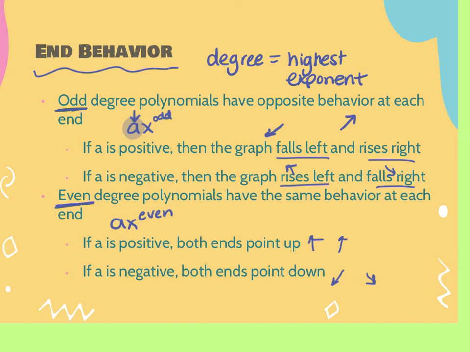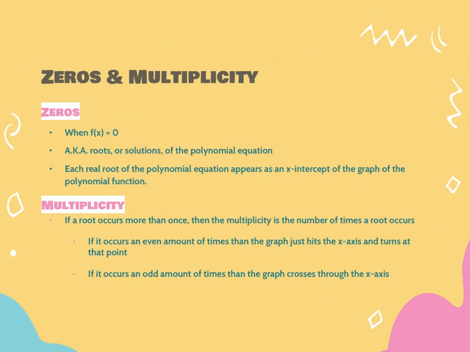So this is called end behavior, and it's also called the leading coefficient test. So you'll see those two things interchangeably. Use the leading coefficient test to determine the end behavior, is usually what it says.